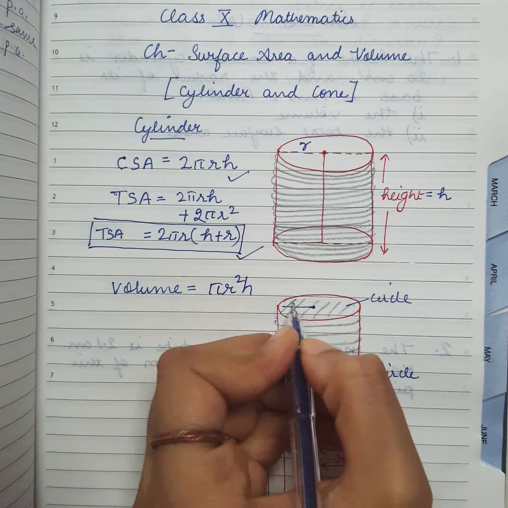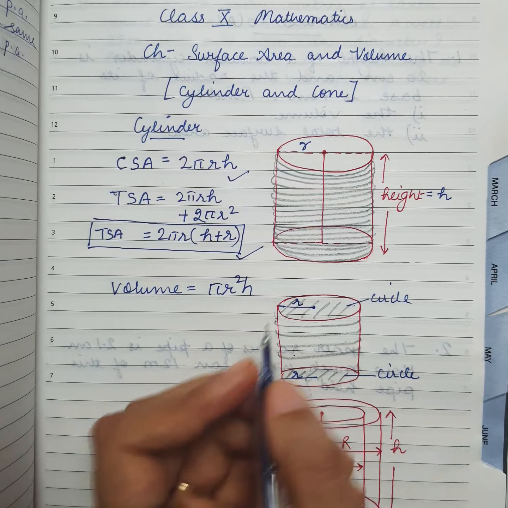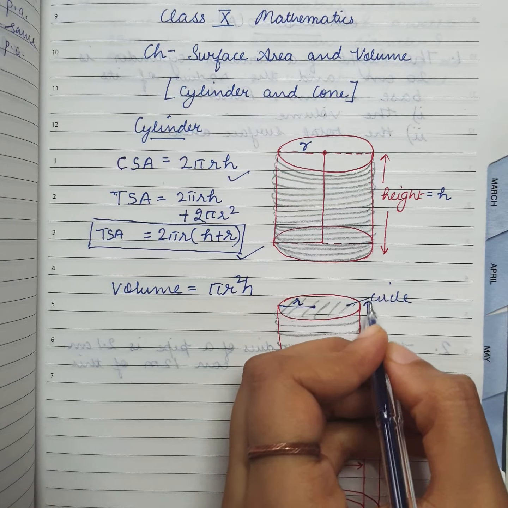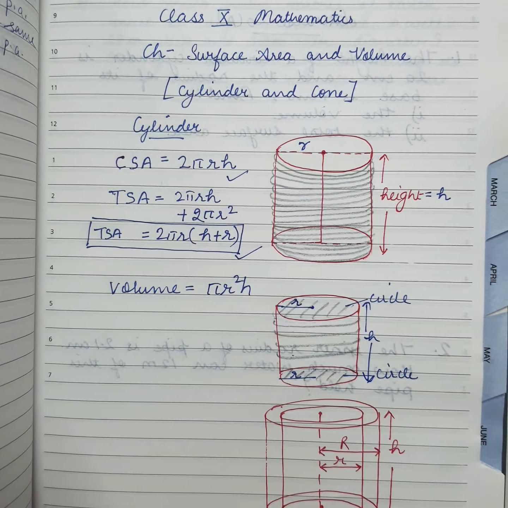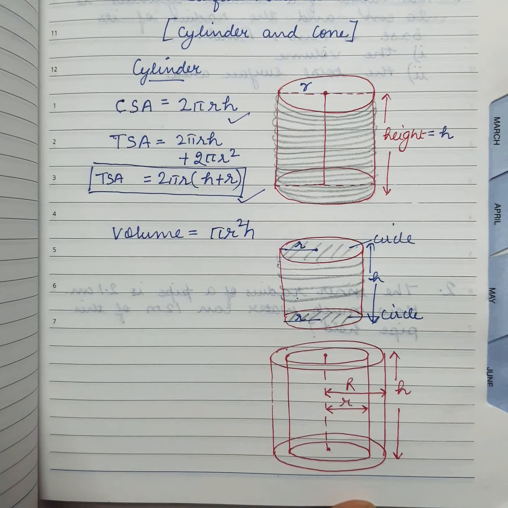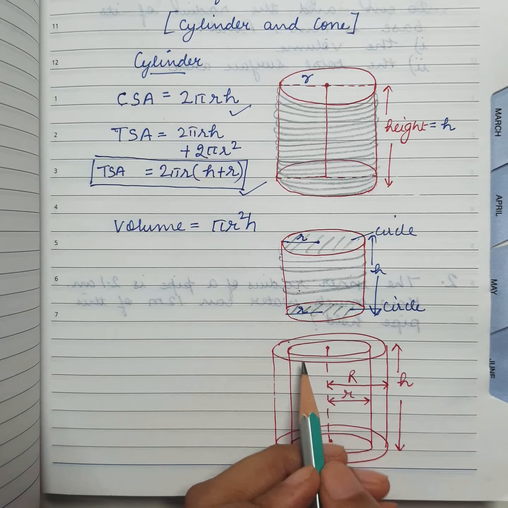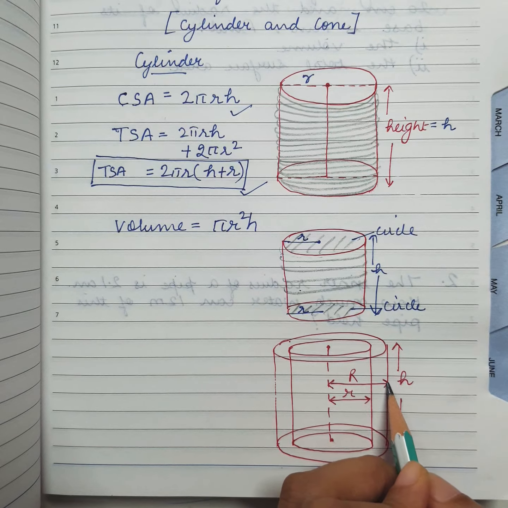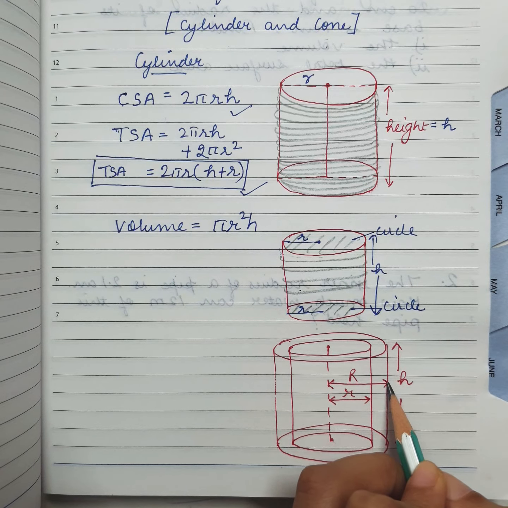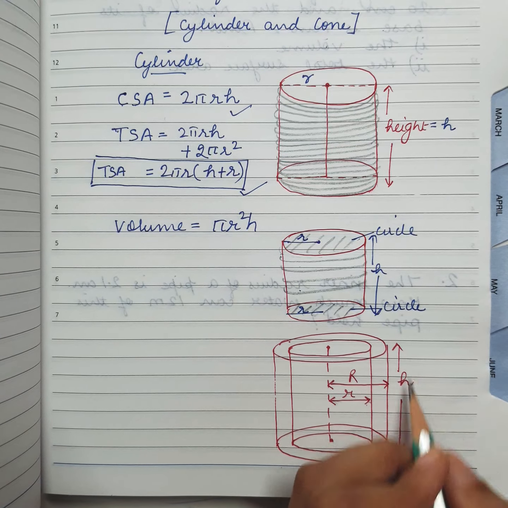In all the cases r is the radius of either top or bottom and height is this. Then we have hollow cylinder, that means a cylinder with some thickness. So here we have a cylinder whose outer external radius is this and internal radius is this. This is the height.